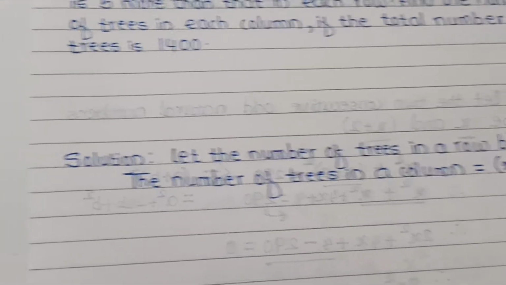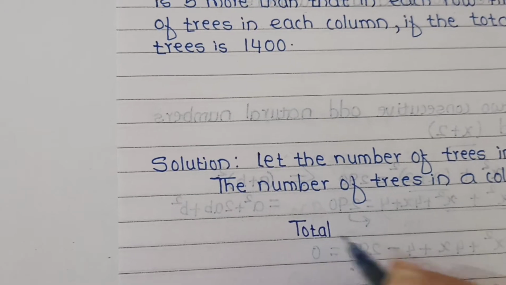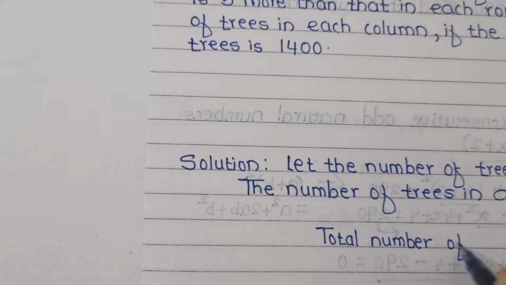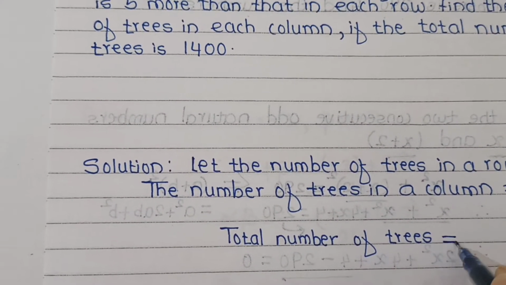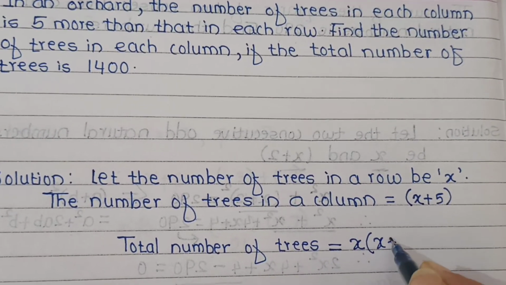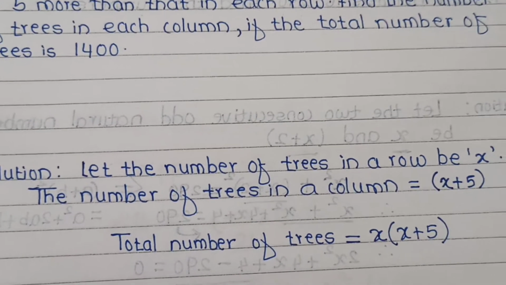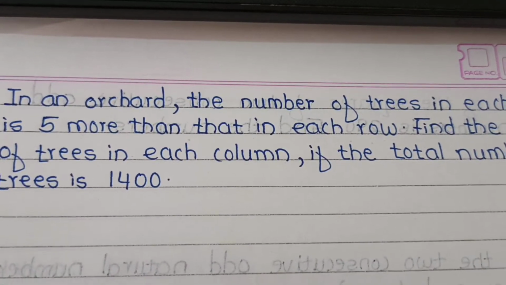Now the total number of trees is equal to the number of trees in a row multiplied by the number of trees in a column, that is x into (x plus 5). But the total number of trees is already given to us in the question and it is 1400.